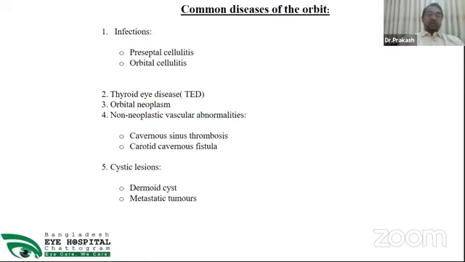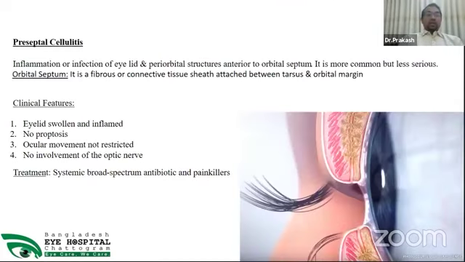The important ones are dermoid cyst and metastatic tumors. The most common is preseptal cellulitis. It is more common but less serious.